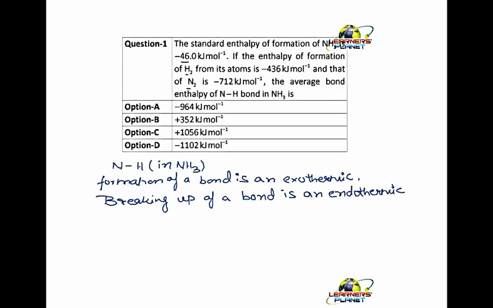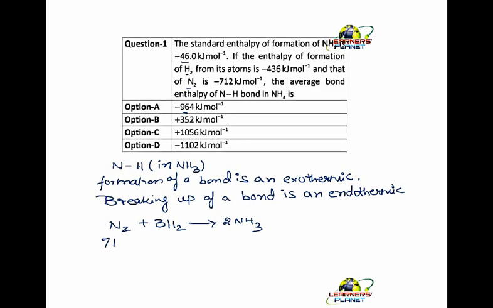Now let's take up the formation of ammonia. Let's write the equation over here: N2 plus 3H2 gives 2NH3. Now, the bond energy between nitrogen atoms is 712, and that is for the formation.